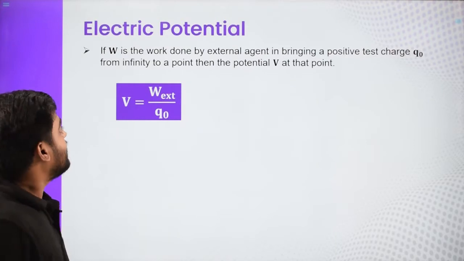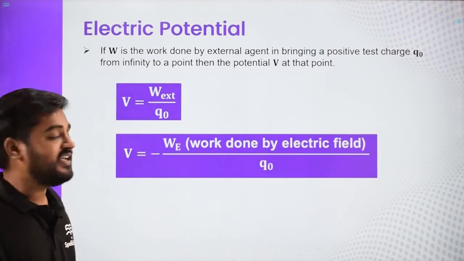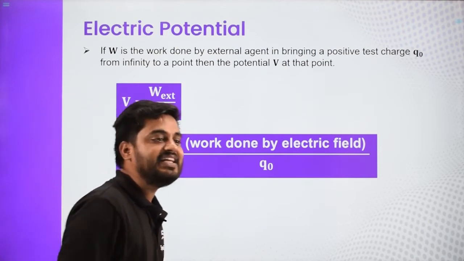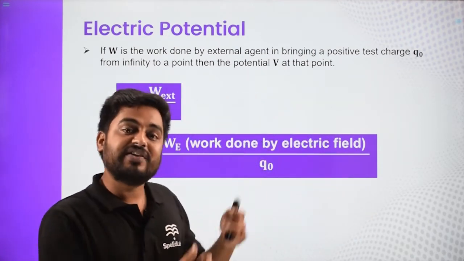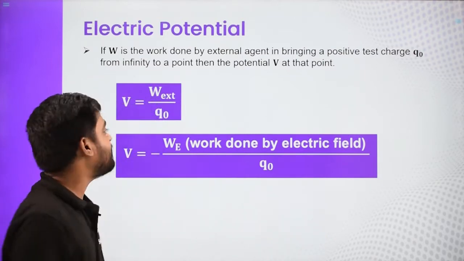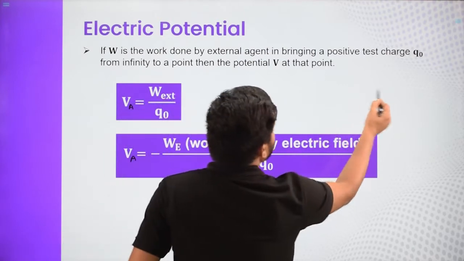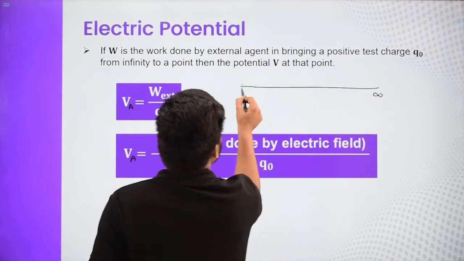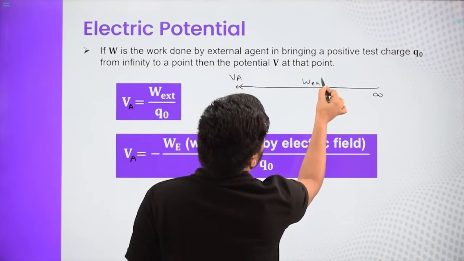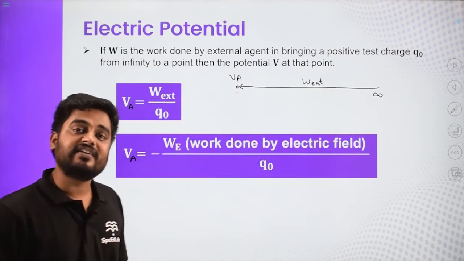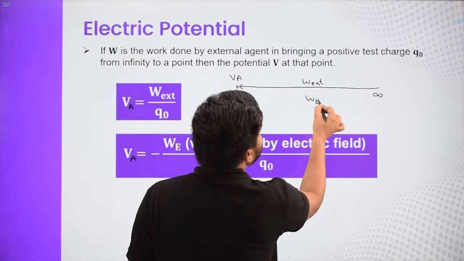Now, if we are talking about the work done by the electric field, there is a condition. When you bring that point charge from infinity all the way up to that particular point, let us call it A, and the potential over here is A, we are doing work W. So work done by external force is W external and work done by electric field is WE.